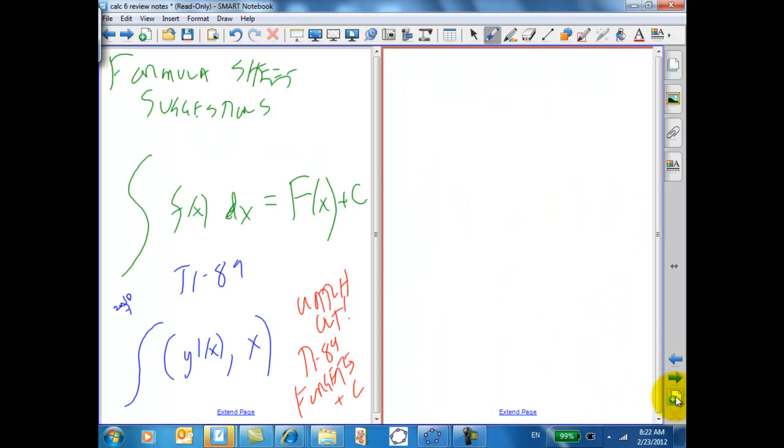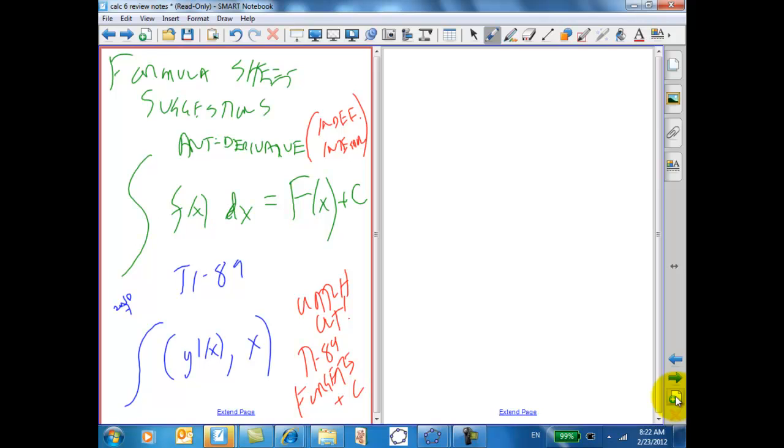Now, contrast that with this. This is called an antiderivative, also known as the indefinite integral. A good chunk of the chapter, though, is definite integrals, where you have limits of integration.